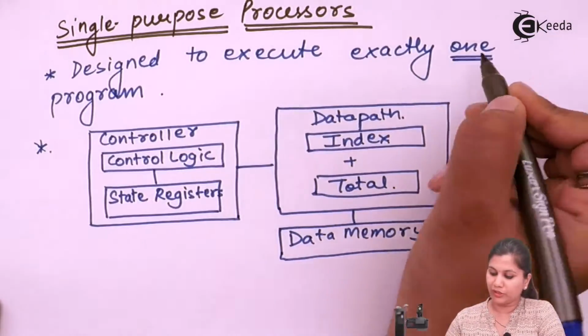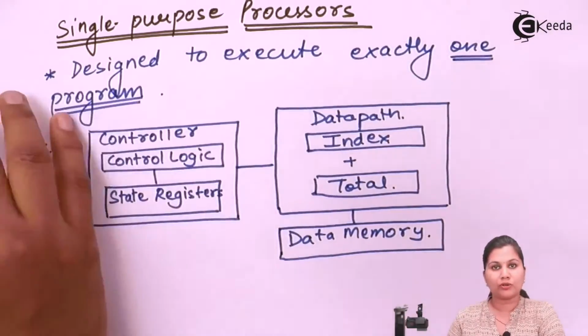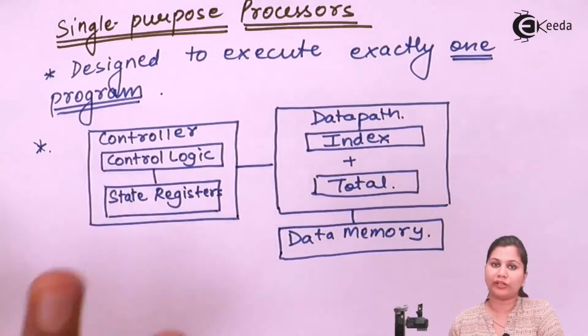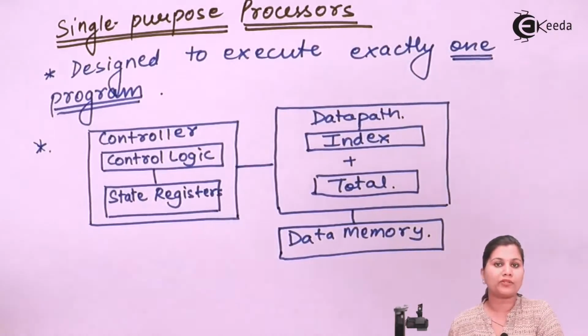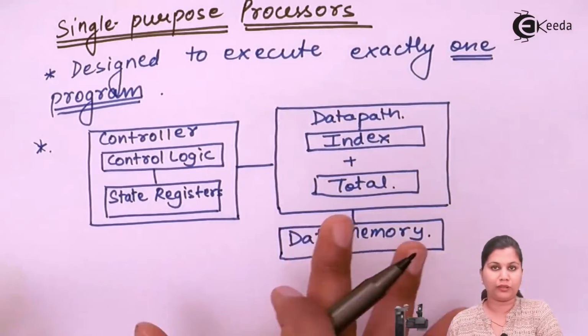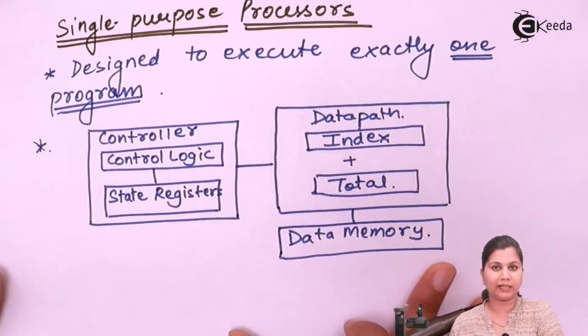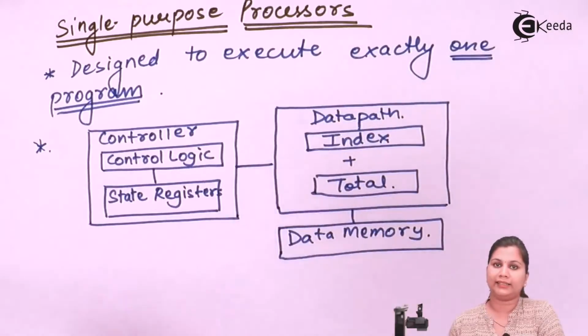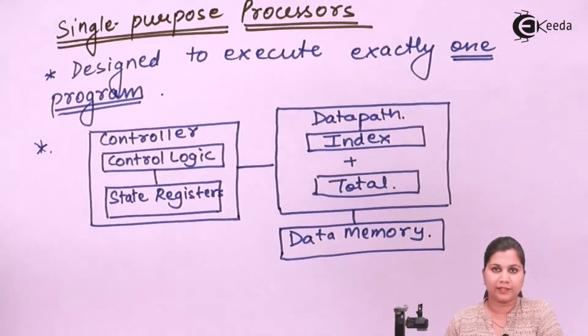They are going to execute only one program. So at the time of designing these processors, the program is already stored, and there is no option for the user to store any program. No program memory is present, only data memory. So data will be provided, and on that data the program will be executed.